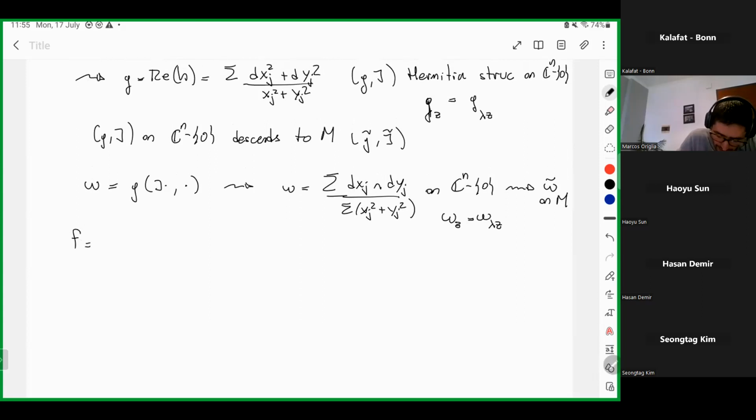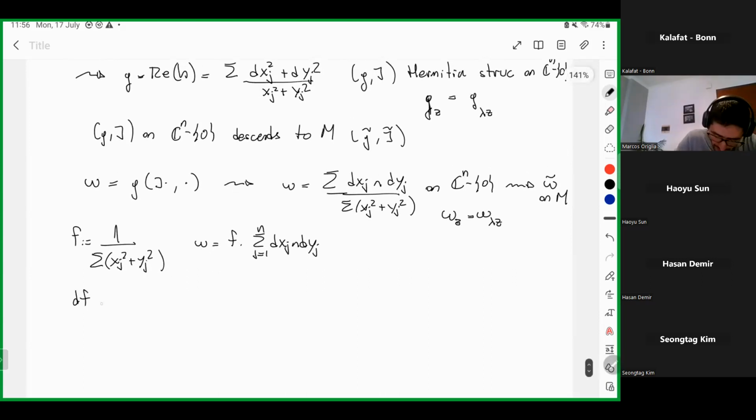So let me just call f the 1 over the denominator part of omega. So it's 1 over the sum of these squares. So with this new notation, omega is just f times the sum of this. Right? Okay, perfect. And to compute the derivative of omega, we will see df.